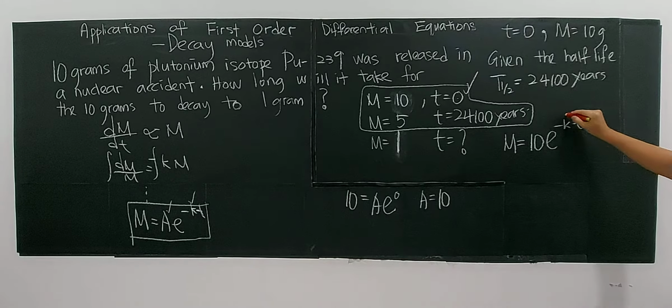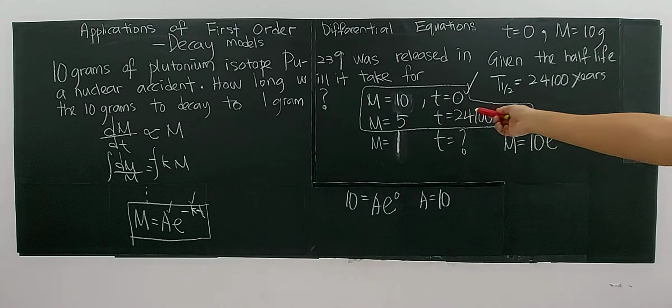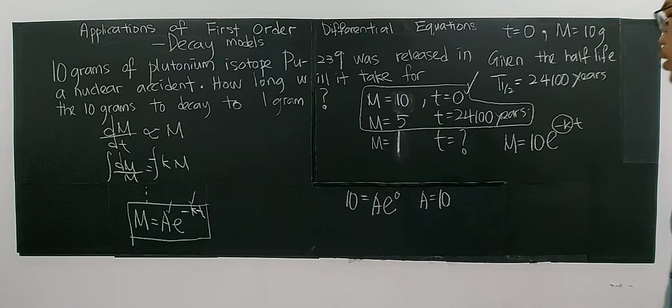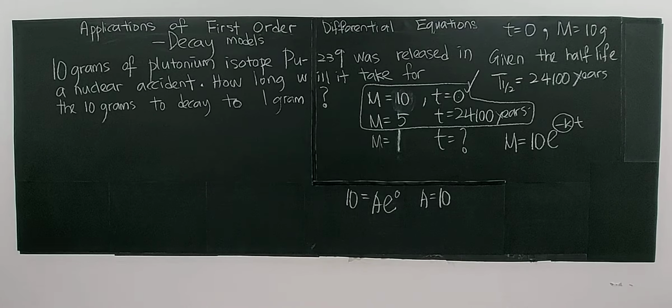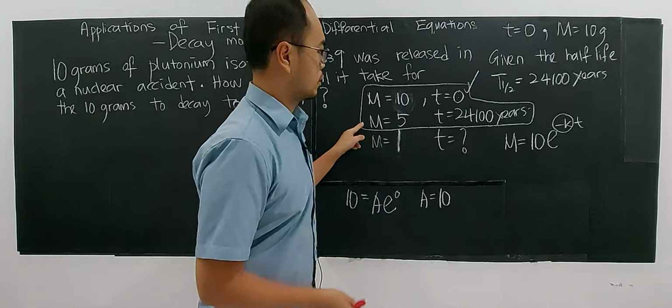But we still lack one piece of information, the k. How to find the value of k? We have to use the half-life information.